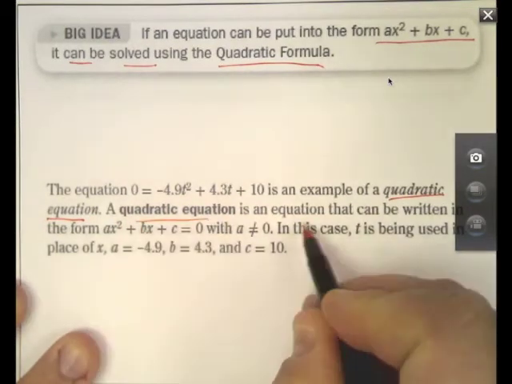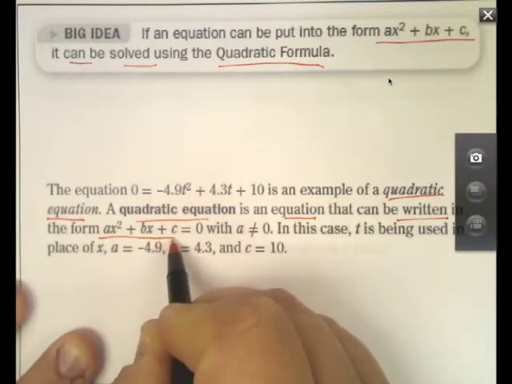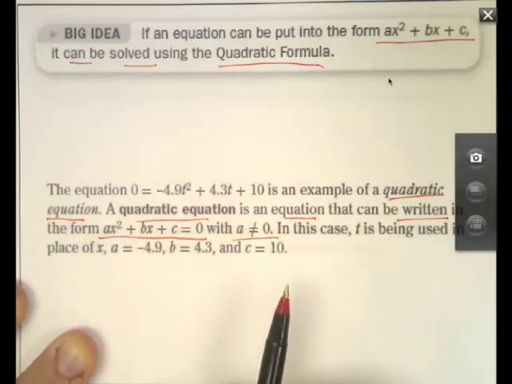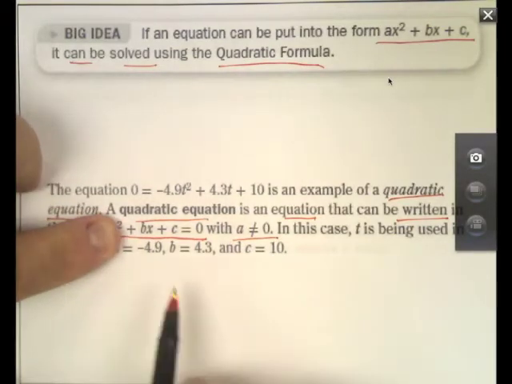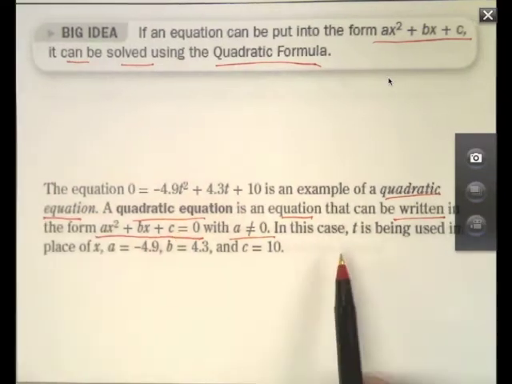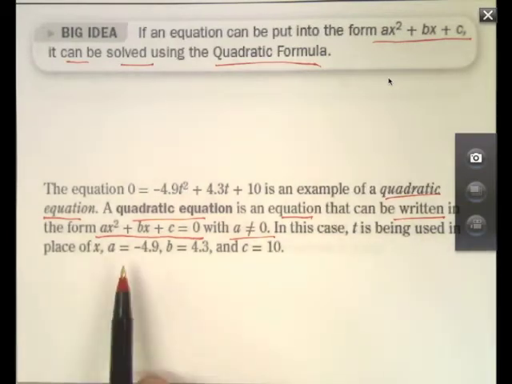A quadratic equation is an equation that can be written in the form ax squared plus bx plus c equal to 0, where a cannot equal 0. If a was 0, then all we would have is a linear equation. Okay? That's why a cannot be 0. In this case, t is being used in place of x.